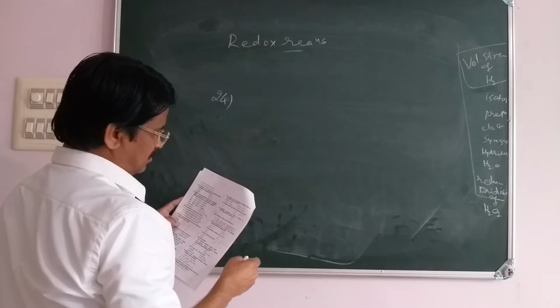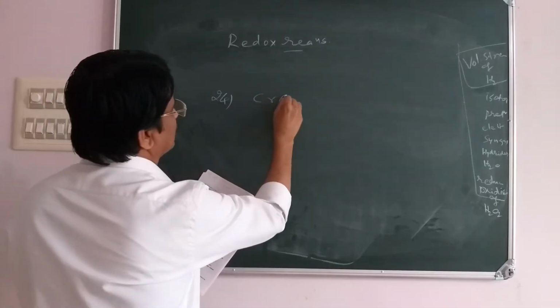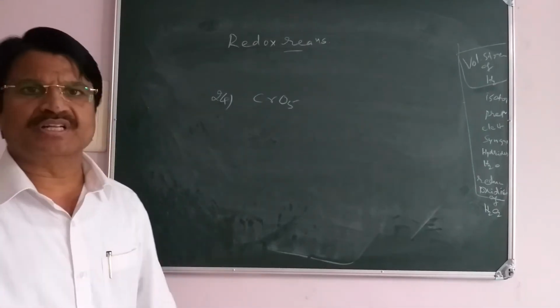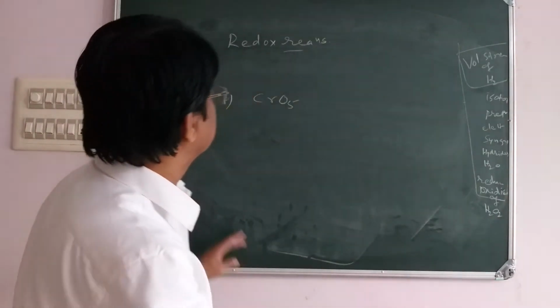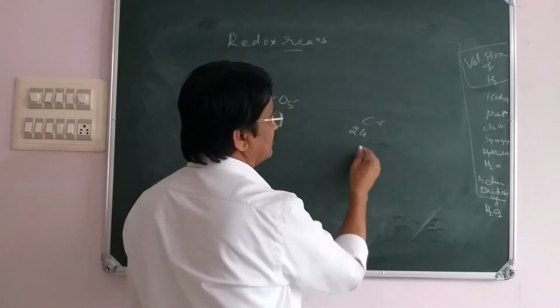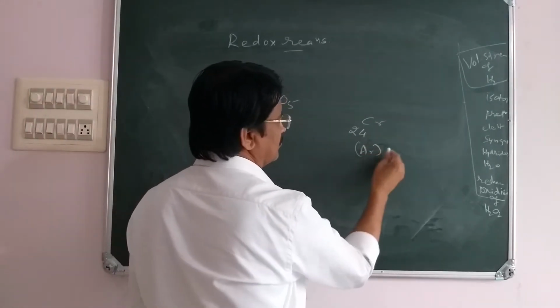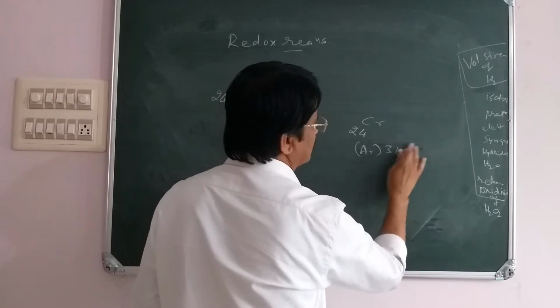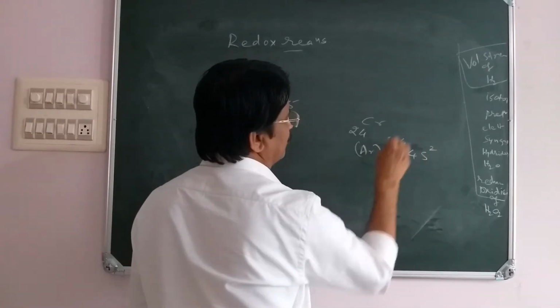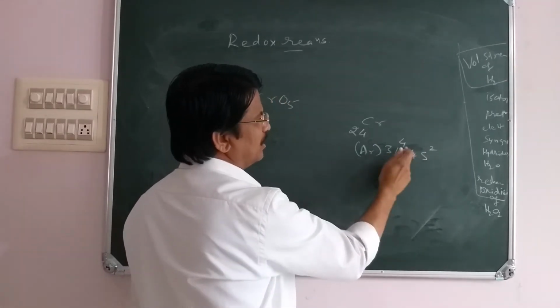The compound given is CrO5. Oxidation number of Cr. Chromium atomic number 24, argon configuration, 3d4s, 4s to 3d4, 18, 20, 24.